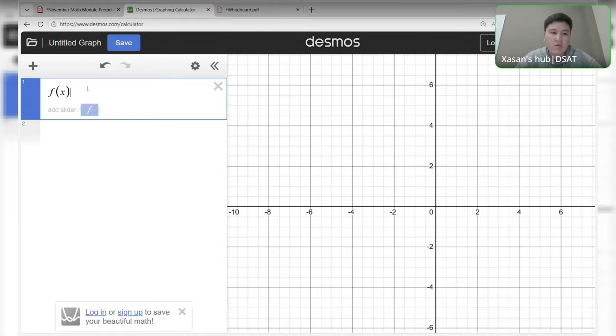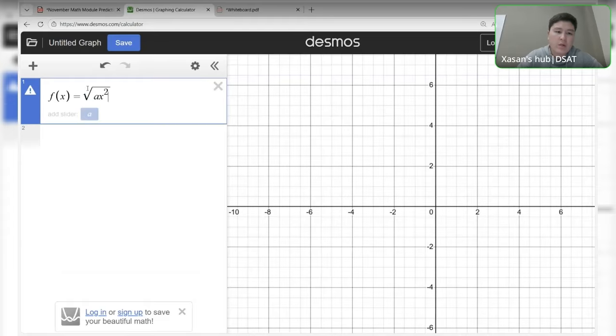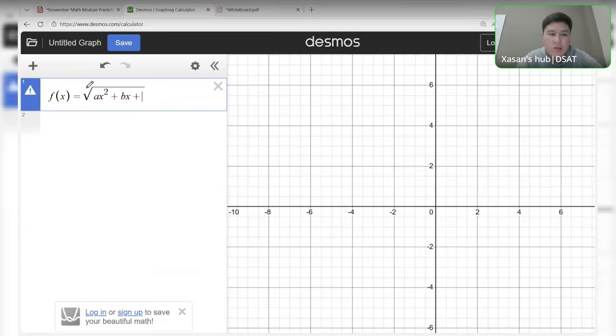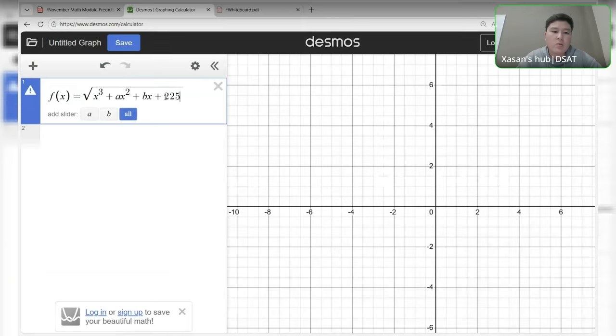We have a function f of x equals square root of a x squared plus bx plus c. And in the end, for the value of c, I'm going to write 225.